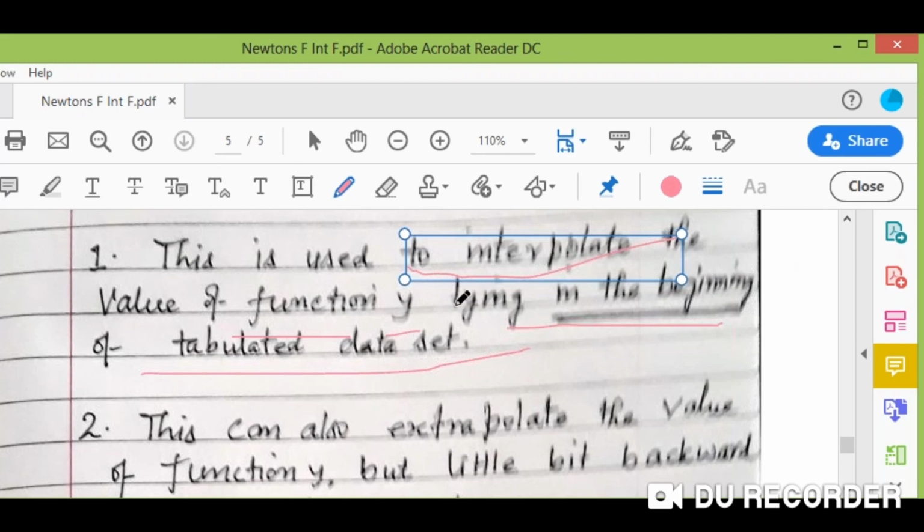Be mindful of this condition: if you are given tabulated data, this formula is suggested to apply in the beginning of the table, not in the middle, not after the middle.